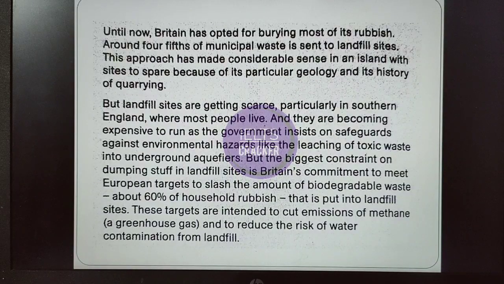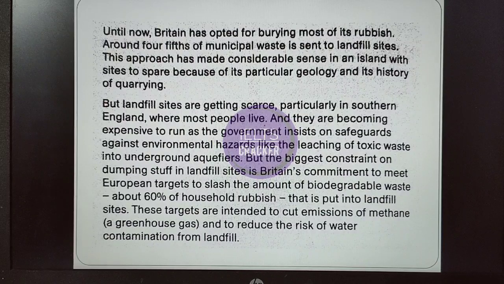So let's start reading. Until now, Britain has opted for burying most of its rubbish. Around 4/5 of municipal waste is sent to landfill sites. This approach has made considerable sense in an island with sites to spare because of its particular geology and its history of quarrying.